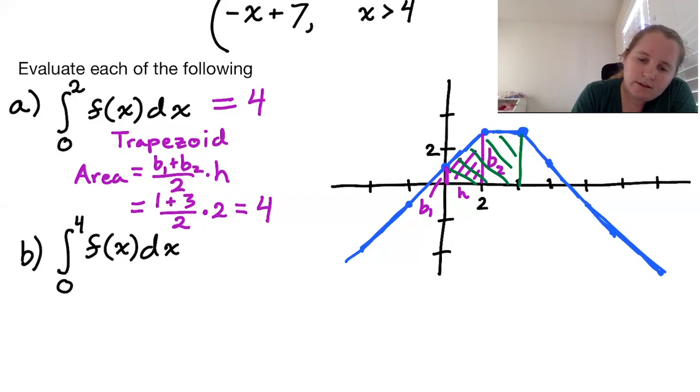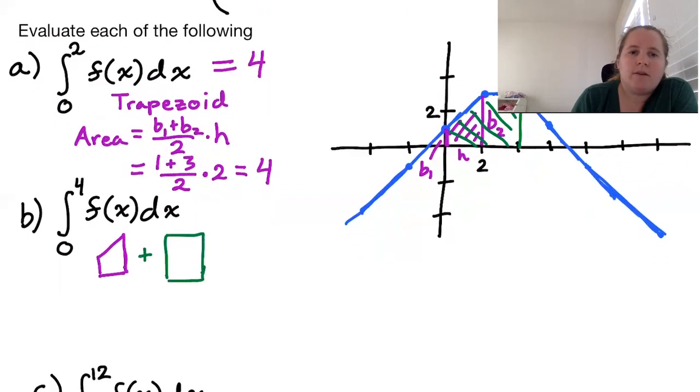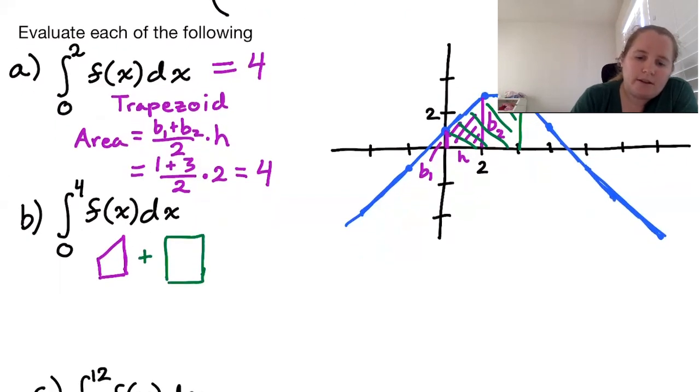So we're going to continue on with our little purple trapezoid, and then we'll add on that little green rectangle. We already figured out that our trapezoid had area 4. And then for our rectangle, we have a width 2 times a height of 3. So we are looking at 4 plus 6, or 10.